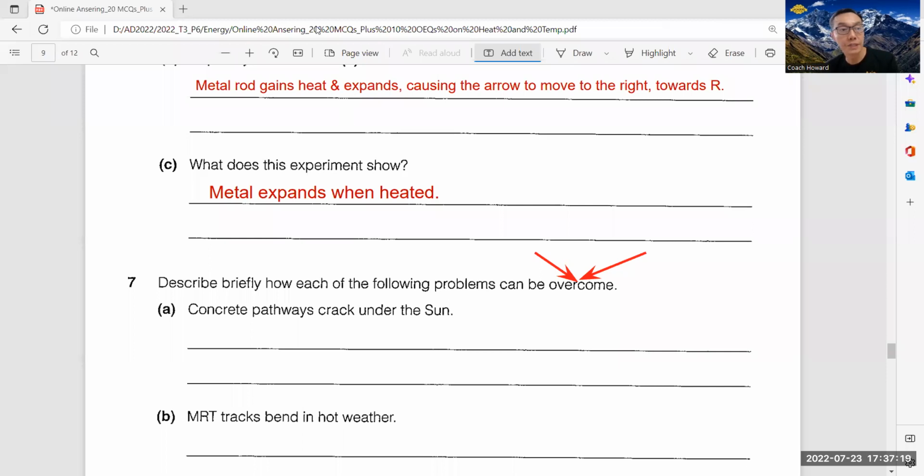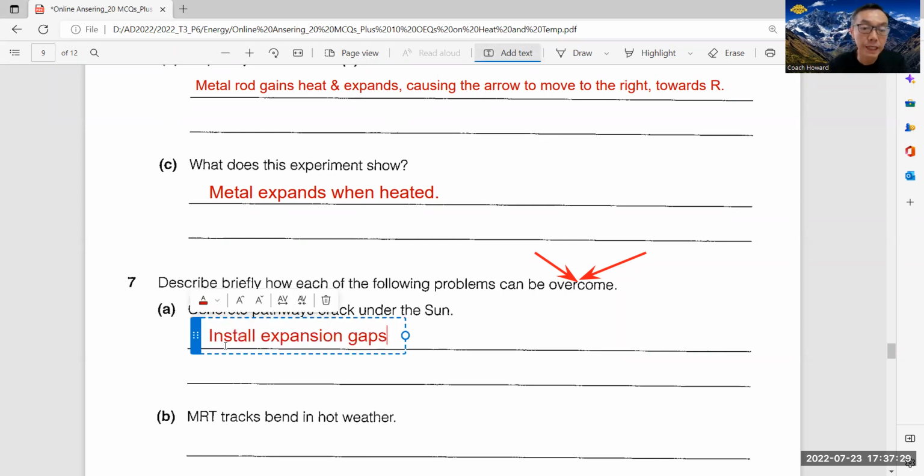So for this question, this is how you answer for this part. Install expansion gaps in between the concrete slabs.